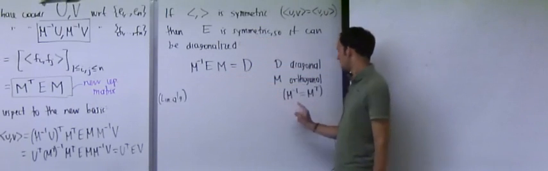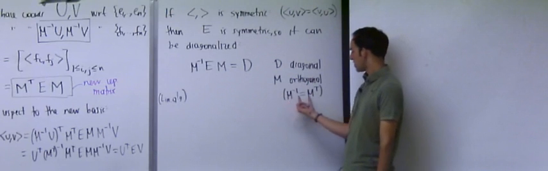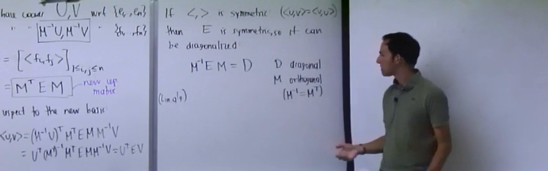I can diagonalize it in terms of an orthogonal matrix. M inverse is equal to M transpose, which means that I might as well put M transpose here. And so here was my old representing matrix, and by conjugating by M, I get a new representing matrix which is diagonal, and so that's much better, because we would much rather deal with diagonal matrices than some random matrices. So what this means is that if this is the old representing matrix, this is going to be the new representing matrix, and it's a much better one.